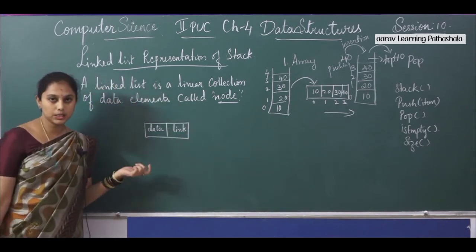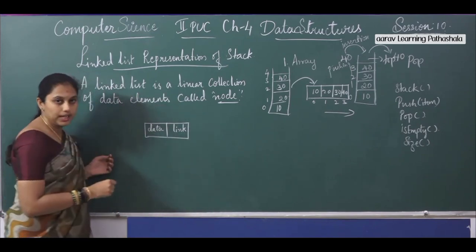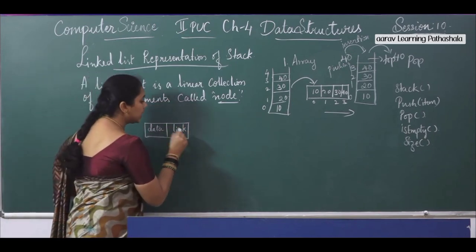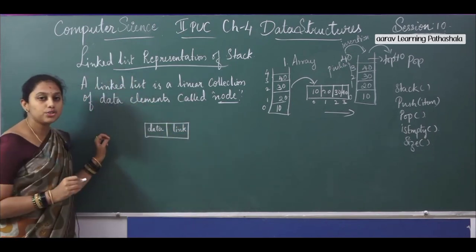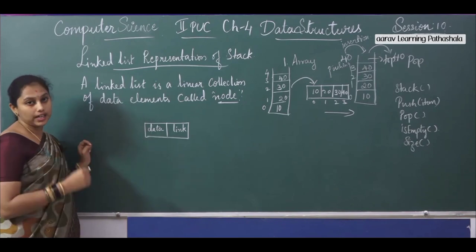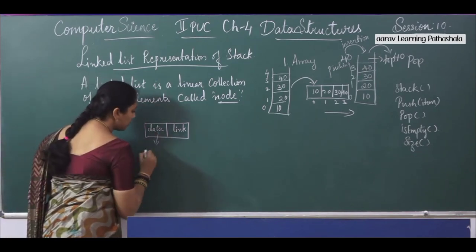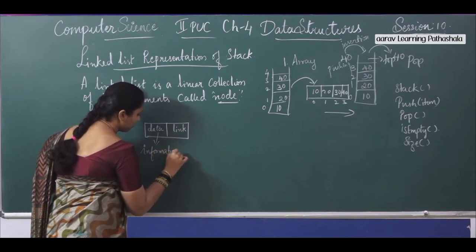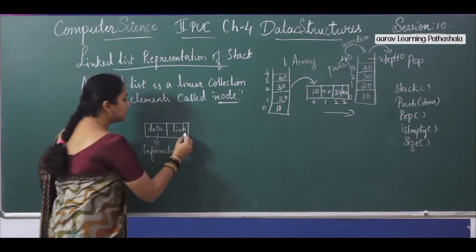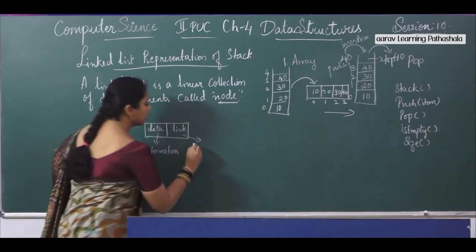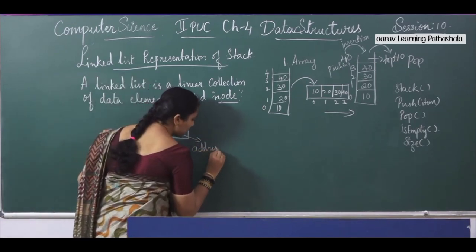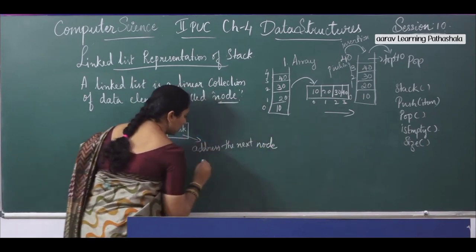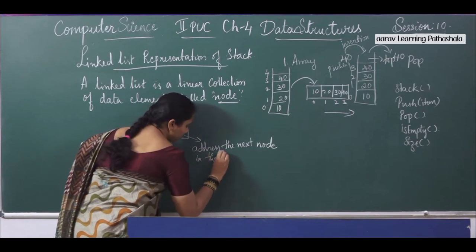Data part and link part. So this data part contains the information of the data as well as the link part contains the address of the next item. So this data part contains the information and the link part contains the address of the next node in the list.